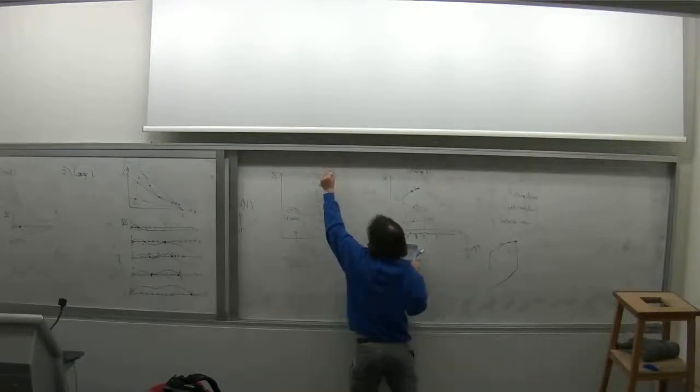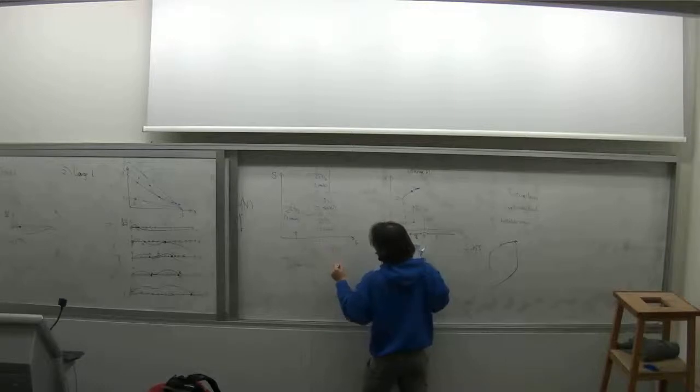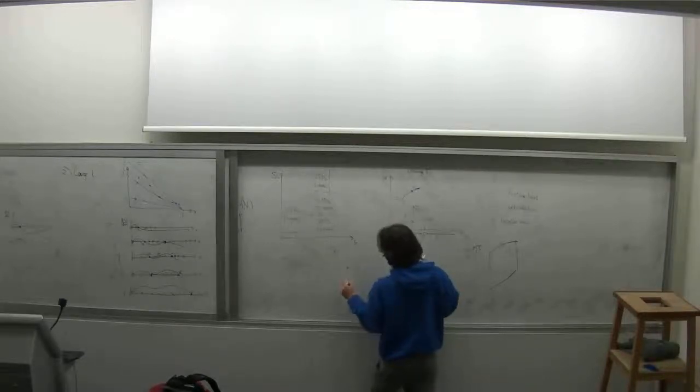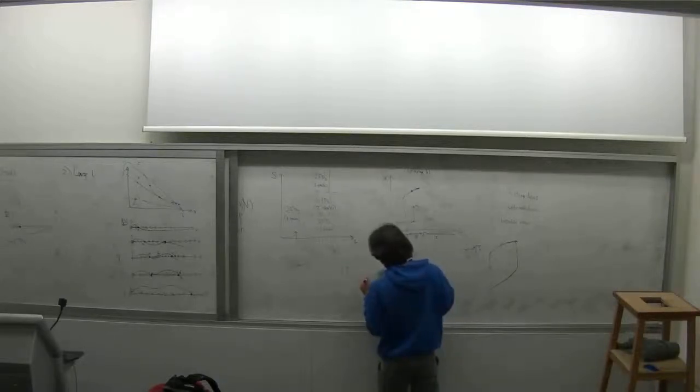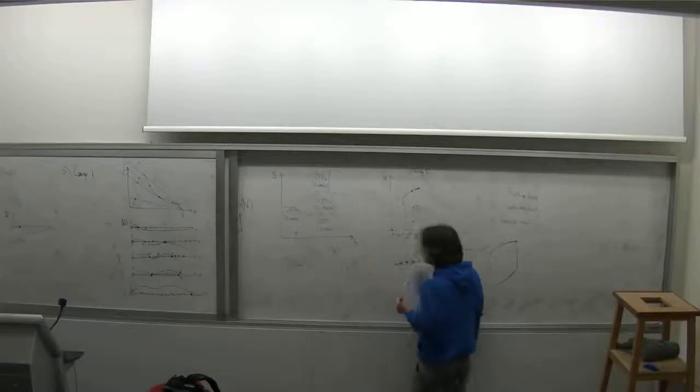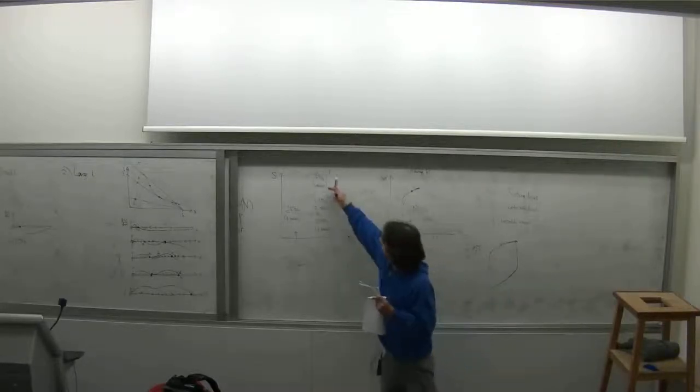If I mark some cross section here, then this is the bifurcation diagram that we did. This cross section going that way.